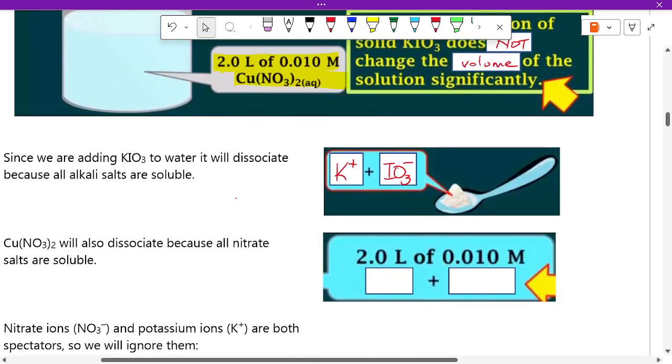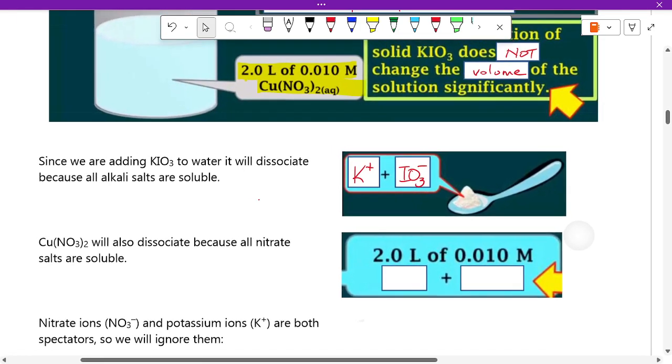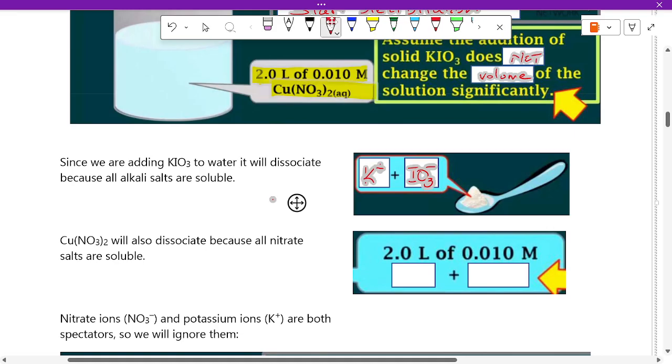We also have copper nitrate, which will also dissociate because all nitrate salts are soluble.